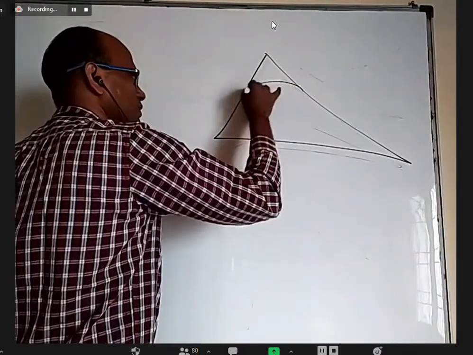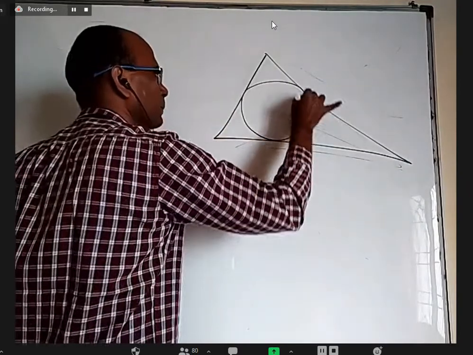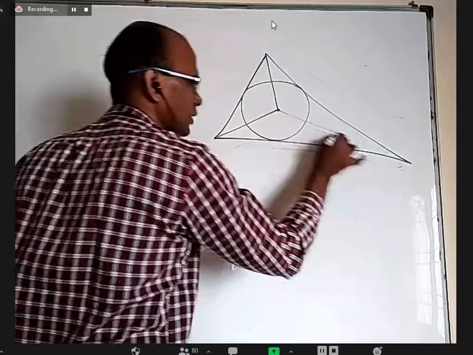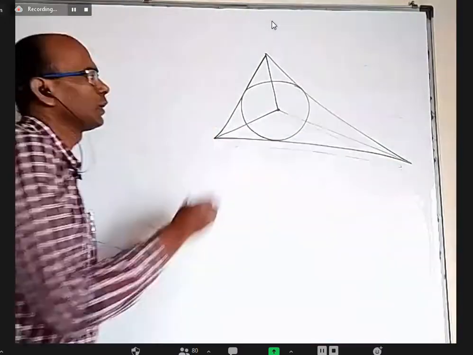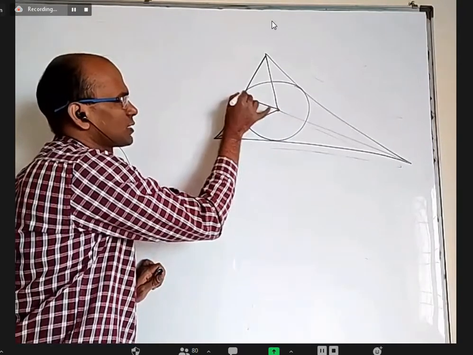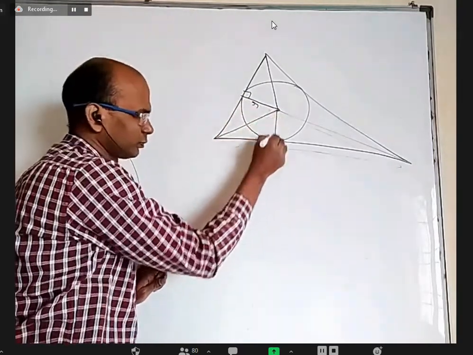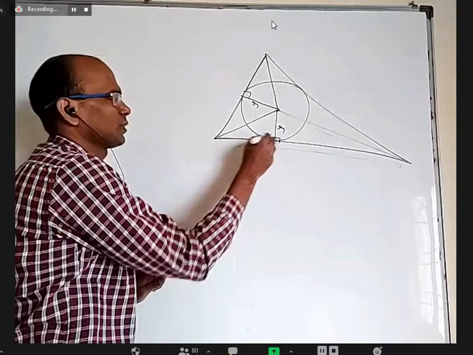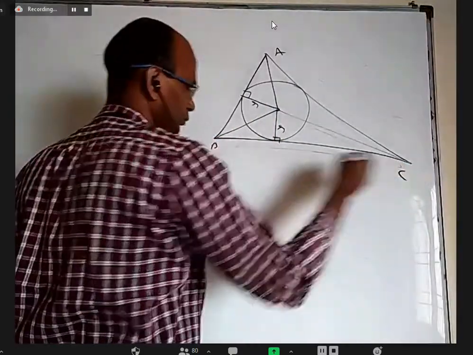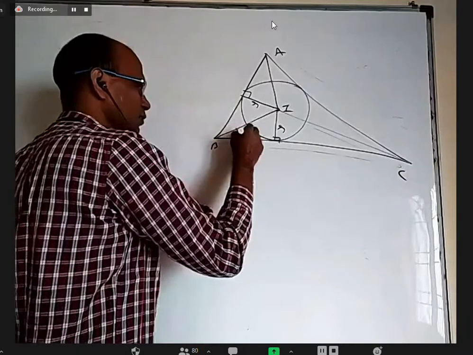Okay, take this in-circle. This is the angular bisector. This is the angular bisector. This is the angular bisector. Okay. Finding distance to vertex is somewhat easy because this is small r. This angle is 90, and this is small r. This angle is 90. This is A, this is B, this is C, and this is B by 2.